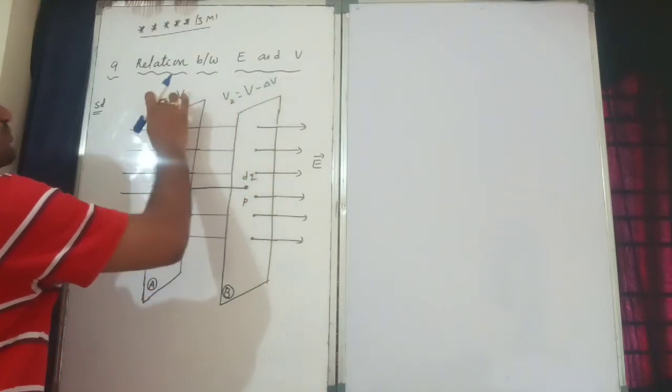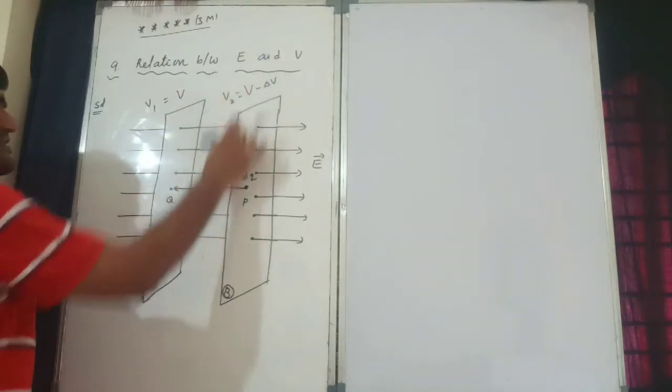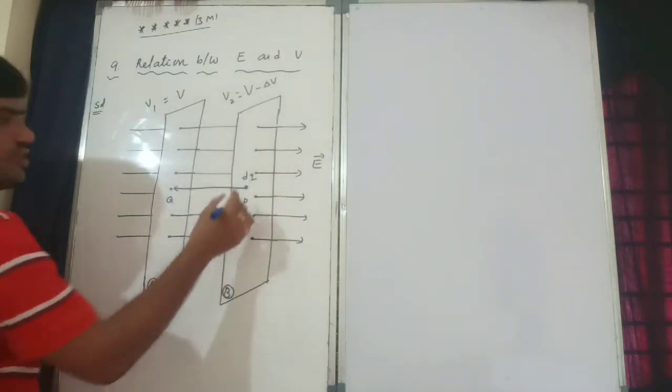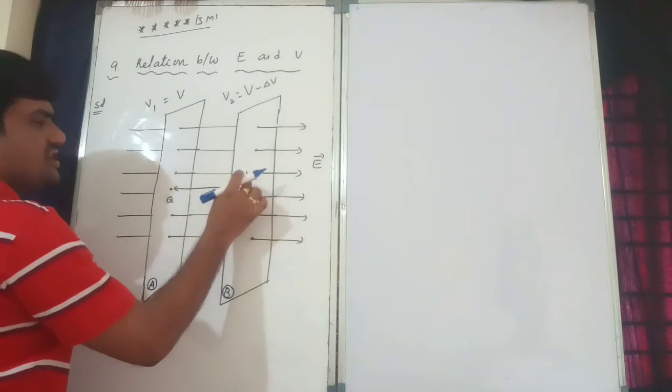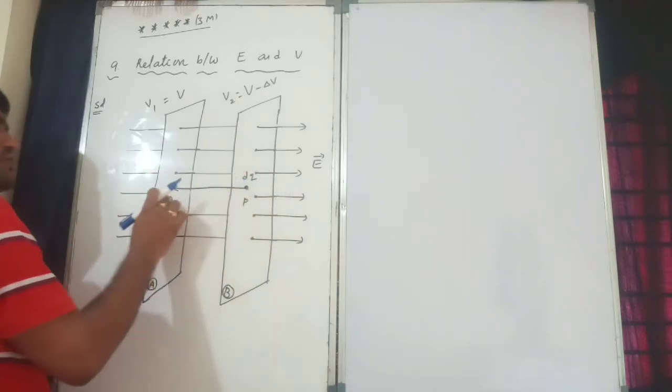The potentials of the plates are different, but on each surface it is the same at any point.